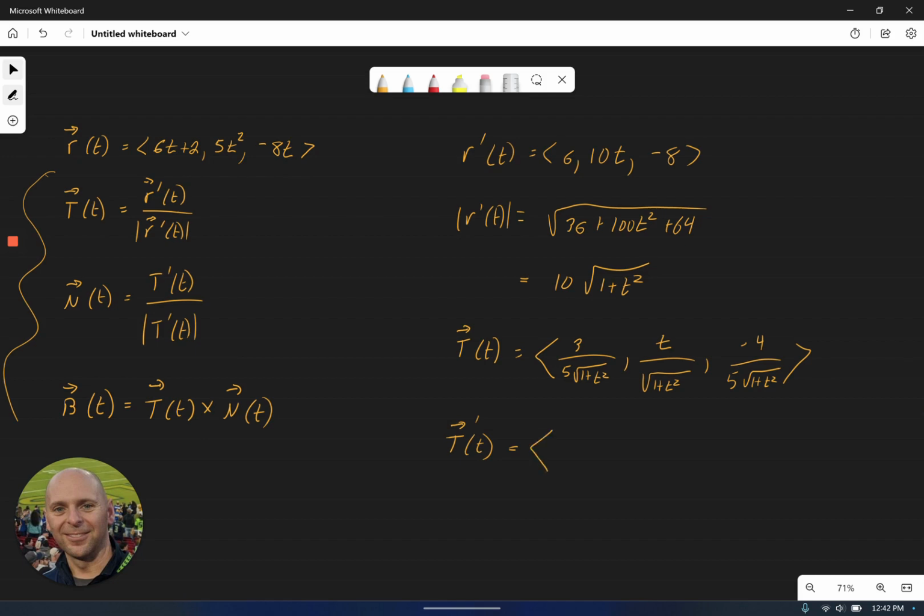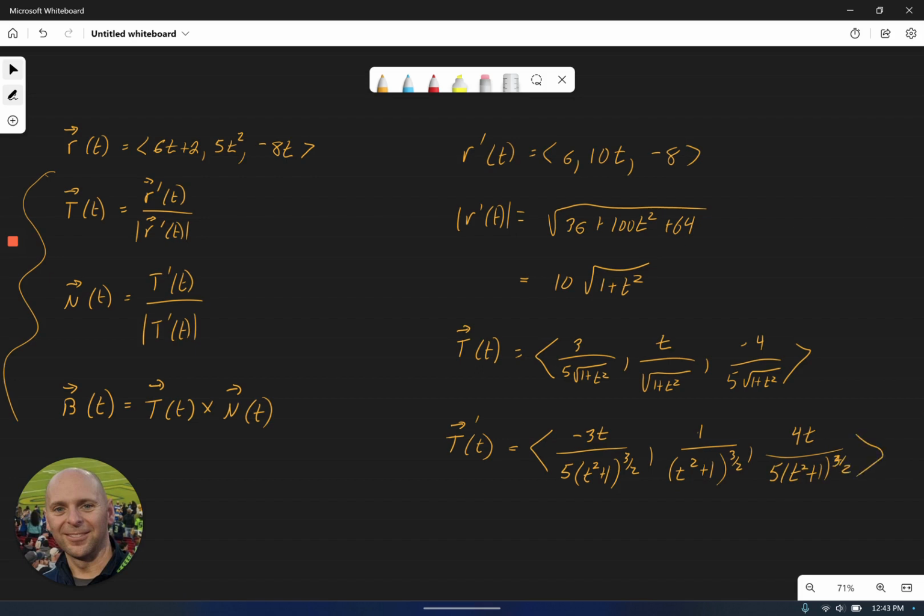that we get from our computer algebra system, is going to look like negative 3t over 5 times t squared plus 1 to the 3/2, 1 over t squared plus 1 to the 3/2, and for the k component, 4t over 5 times t squared plus 1 to the 3/2.